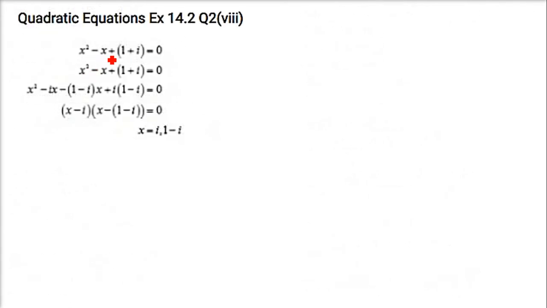Now here, x square minus x plus 1 plus i. Here, x square, I'm writing it as this, minus x. And now I am adding an ix term, and when I have an ix term, I have to subtract the ix term, right?